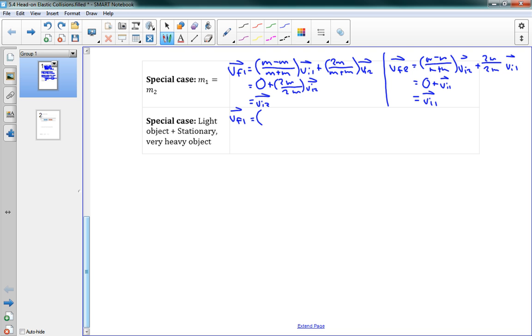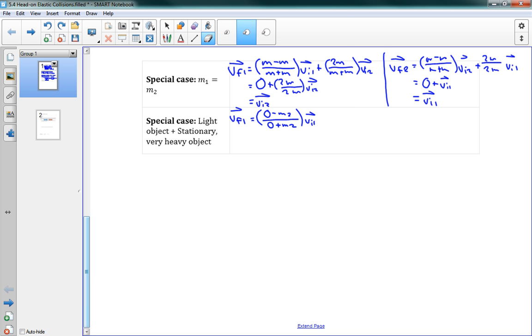We've got m1 minus m2, so 0 minus m2 over m1 plus m2, so 0 plus m2 times vi1 plus 2 times, well, we don't even have the second term, right? Because vi2 does not exist.